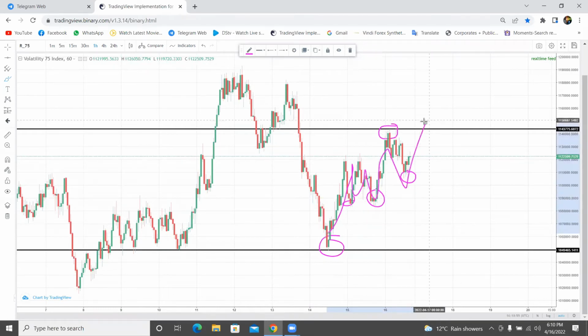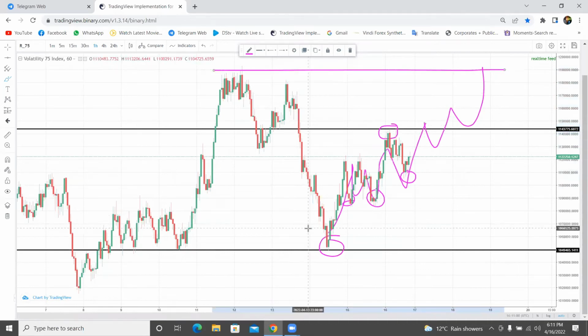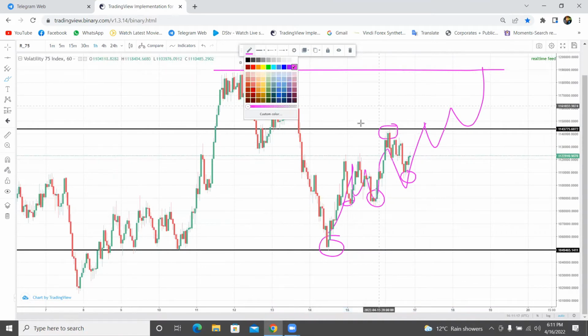So I'm still risking this until where? Until here. This is where I said we're going to put our stop loss, our TP, remember. So this is where I said we're going to put our TP, and still we didn't hit our TP yet.